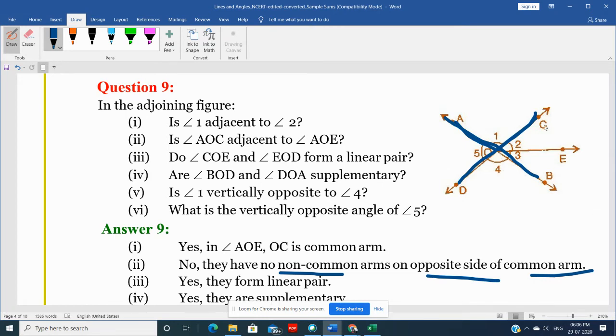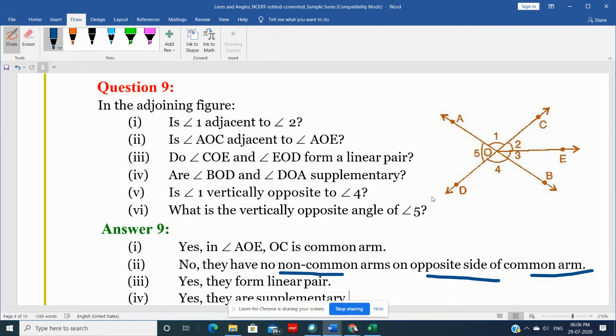That's why we can say that yes, angle 1 and angle 4 are vertically opposite angles. Whenever you are asked about vertically opposite angles, always try to find the X so that you will understand whether they are vertically opposite or not.